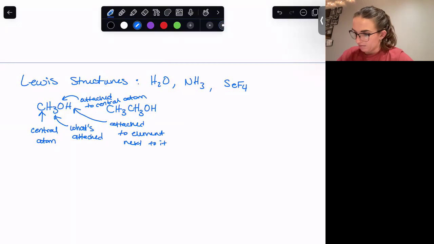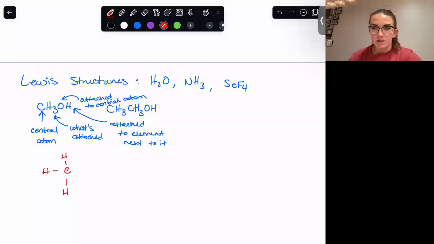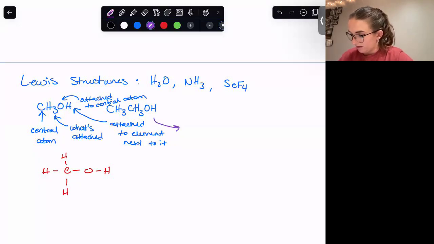Carbon is going to be your central atom here, and you have 3 hydrogens attached. Your next one is going to be oxygen. That means that's attached to your central atom. And then the H is attached to your oxygen. If we look at ethanol, this is going to be your carbon attached to 3 hydrogens. Your carbon is attached to your central atom, sorry, this is 2.